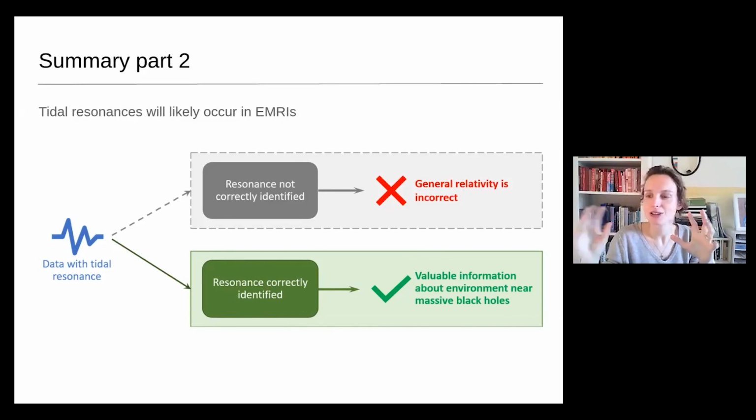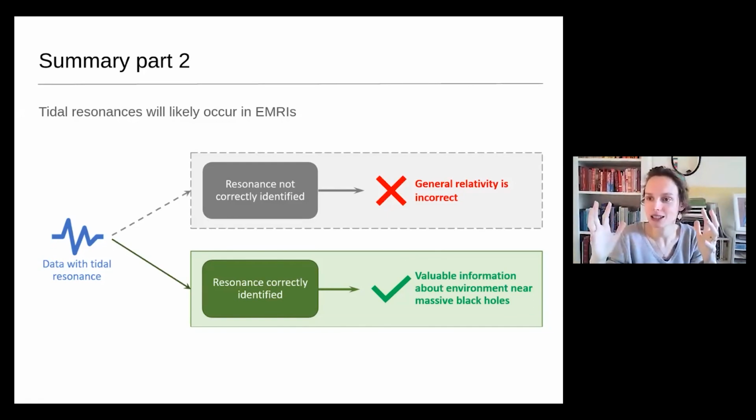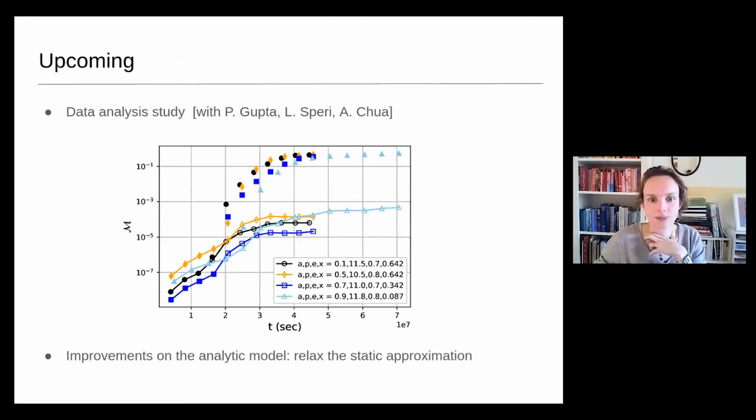So there's no real way to measure that third perturber. But now we can actually see this extra perturber through its effect on the MRE. So I think that's pretty exciting. If we model this correctly, we get additional information on the environment near massive black holes.